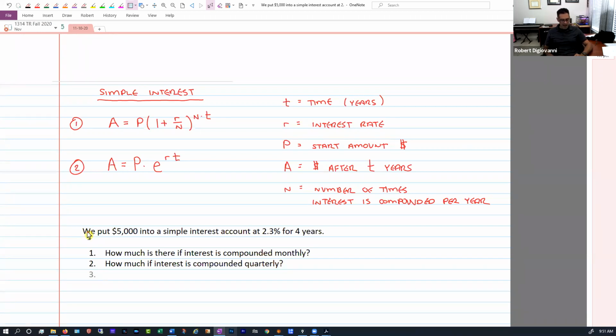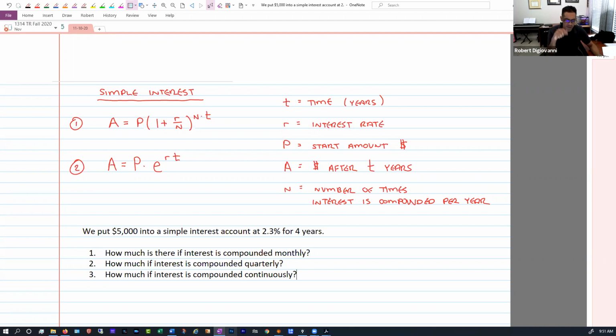And then last, how much is there if interest is compounded continuously?